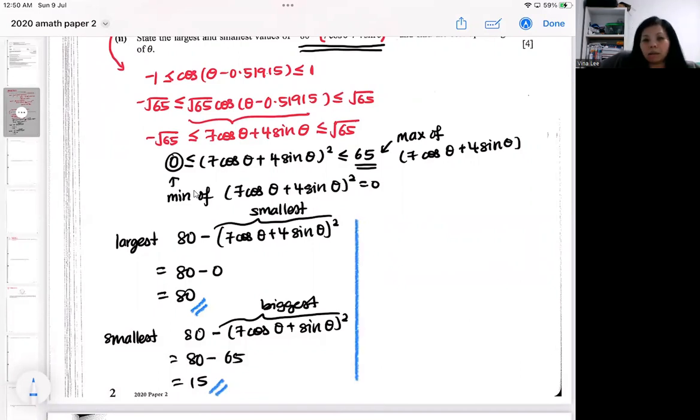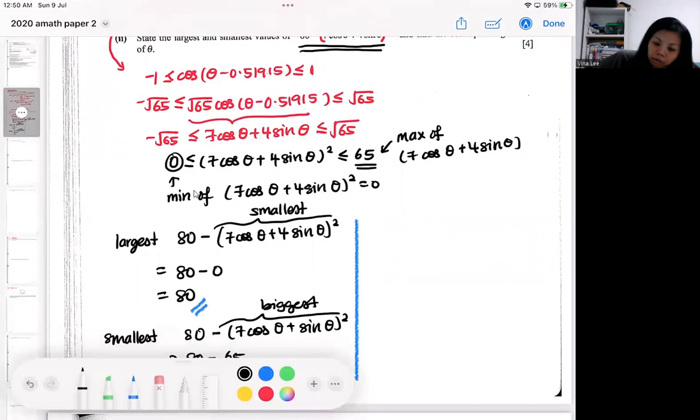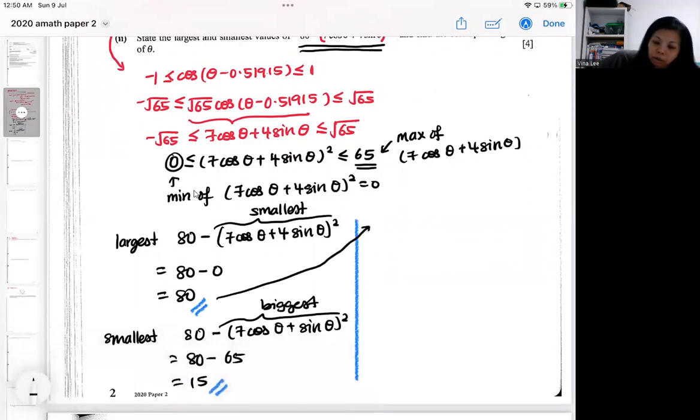Then subsequently, I need to find the corresponding value. How would you find the corresponding value? The easiest way is to let this equal to 80.